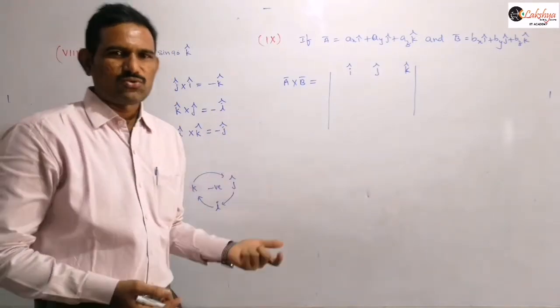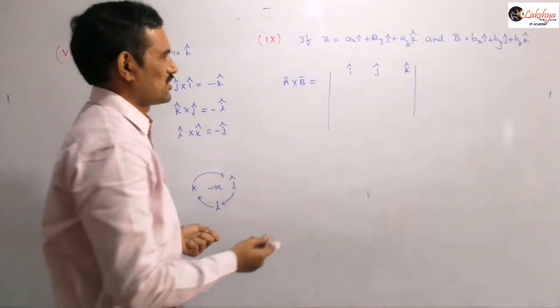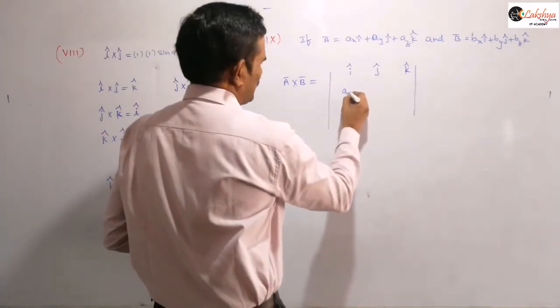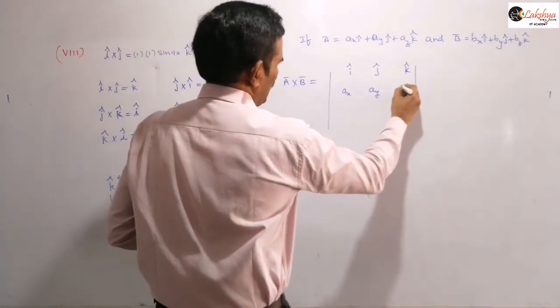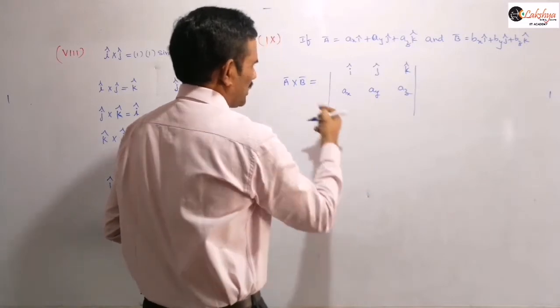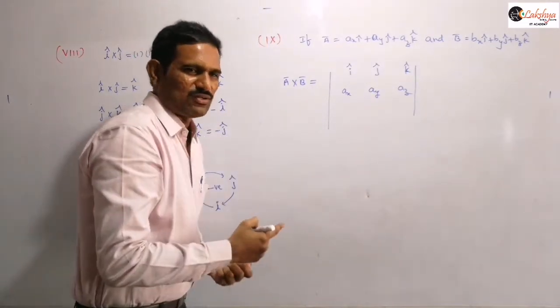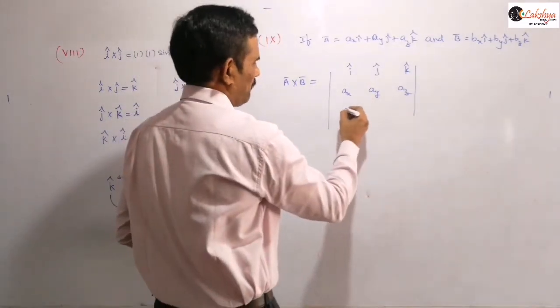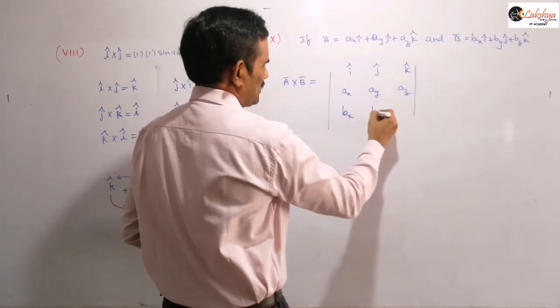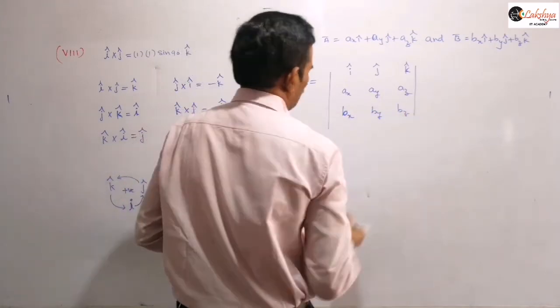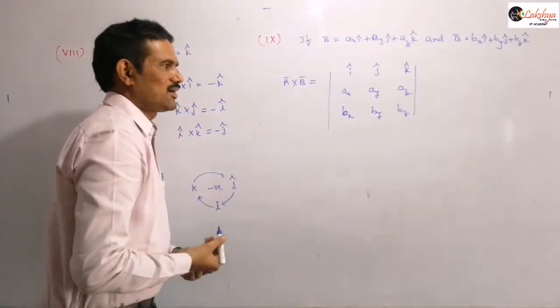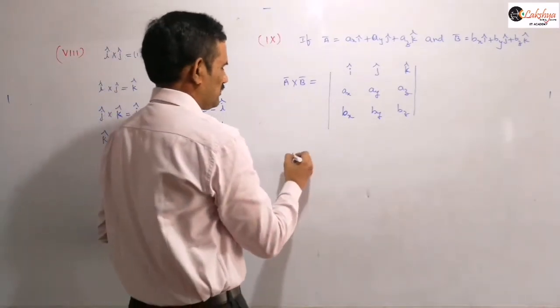If any negative sign is there, the negative sign also needs to be substituted here. So it is ax, ay and az. And the next row has the coefficients of the second vector, b bar. So it is bx, by and bz. And just find the determinant of this.